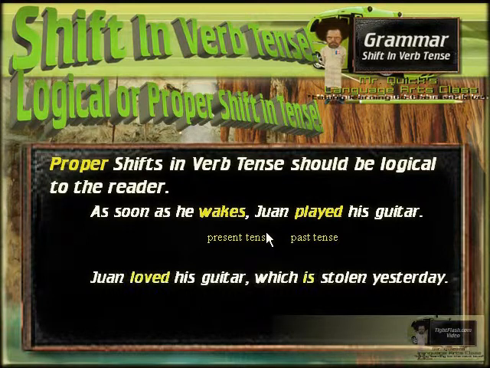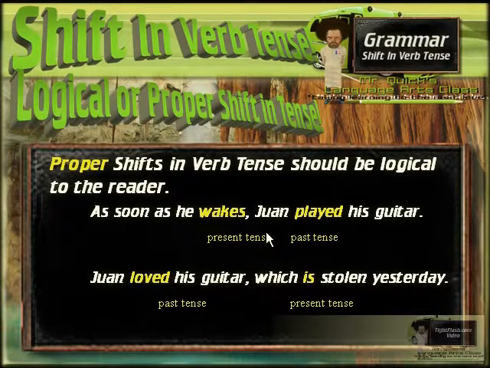Juan loved his guitar, which is stolen yesterday. Excellent shift in verb tense. And I know you're listening to me saying, no way. And you're absolutely right. There's no way that's going to work. Juan loved his guitar, which is stolen yesterday.